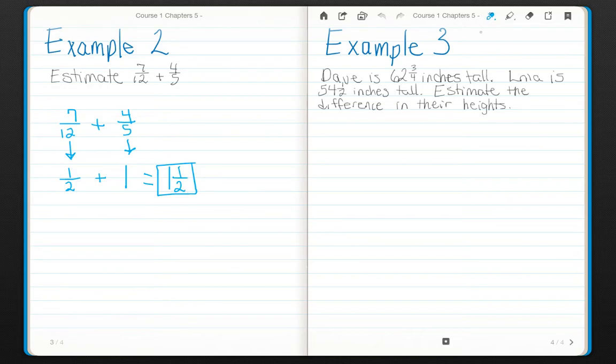Okay, example 3. Dave is 62 3/4 inches tall. Lena is 54.5 inches tall. Estimate the difference in their heights. So, keyword here, difference. Difference is going to tell me that I'm going to be subtracting.